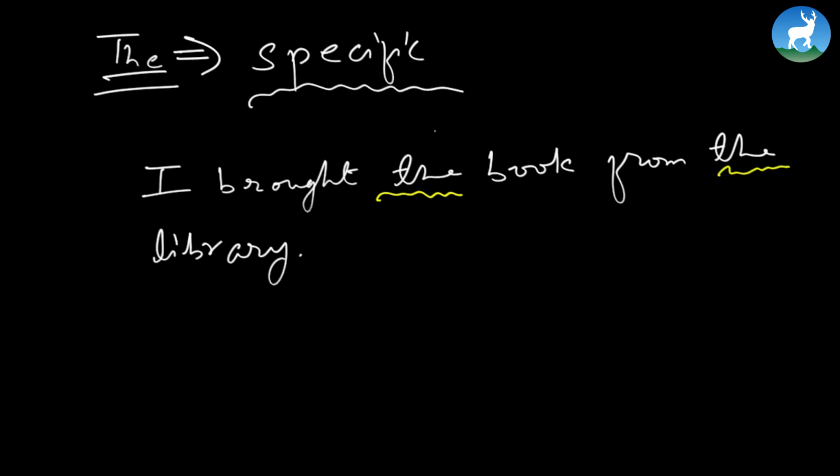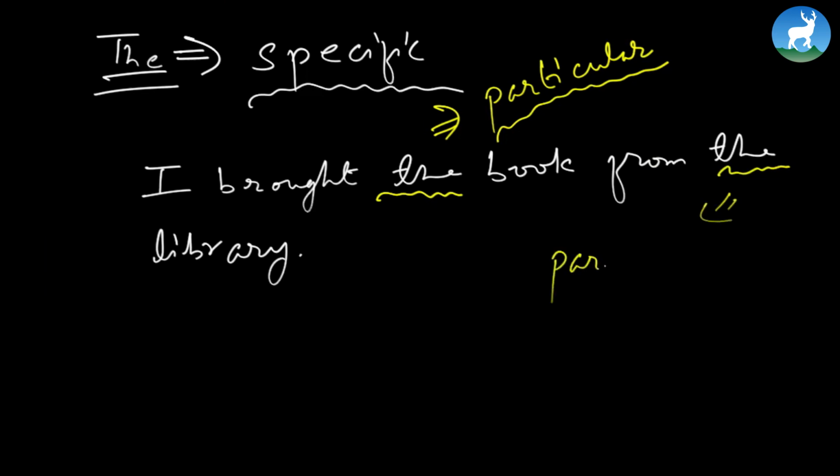He knows he's talking about a particular book. That's why the book. It would always mean something particular. Again, the library, it's a particular library. Just understand that the would always mean particular. When you are talking about a particular person or thing, we use the.